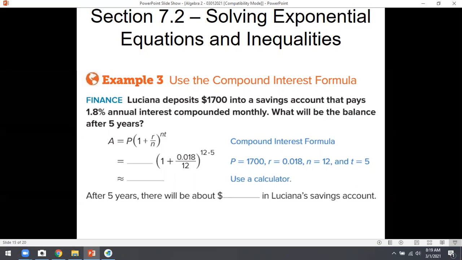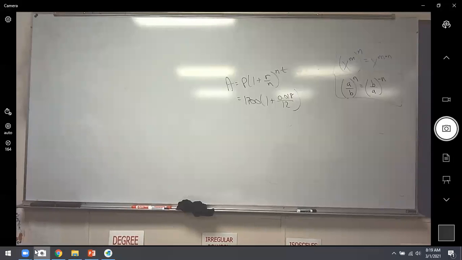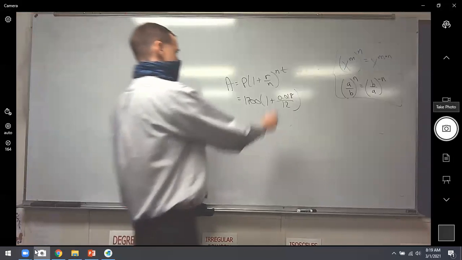Okay, so there's that. There's R. 1.8% is 0.018. Now it says it's an annual interest rate, compounded monthly, right? Oh, monthly. How many times a year is that happening? 12. What letter represents how many times per year you have something? N, exactly. So you plug in 12 for N. And then up in the exponent, there's N again.